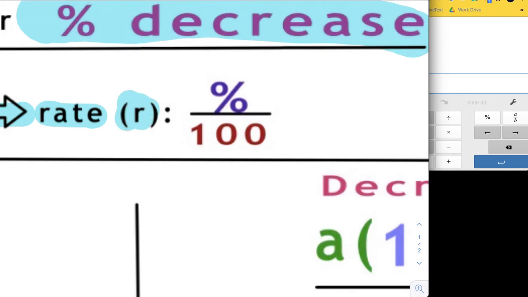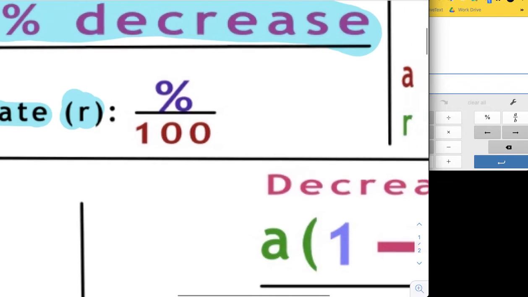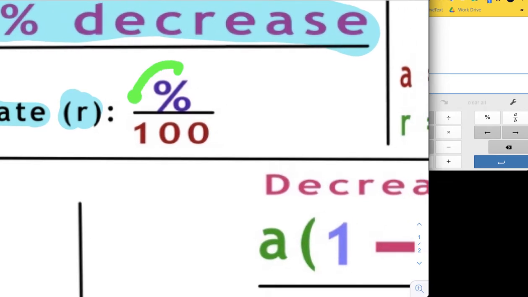And the way we change percent into a regular number is we take whatever percent we get and we divide it by 100 to get a decimal, right? Again, to change a percent into a rate, we take the percent and we divide it by 100.